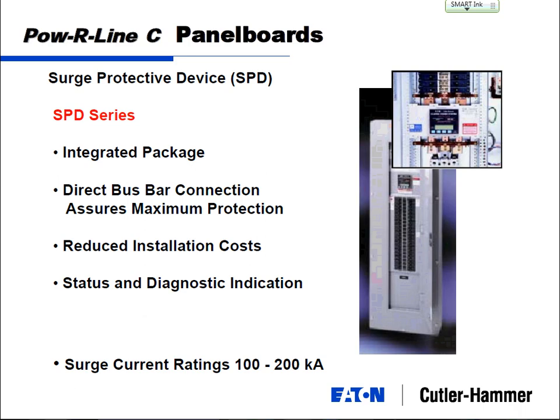What surge protective devices do is chop down transient voltages. With all the electronic equipment, Xerox machines, fax machines, copiers, computers themselves, everything solid state, everything switching on the inside of the computer creates very small time duration transient voltages.